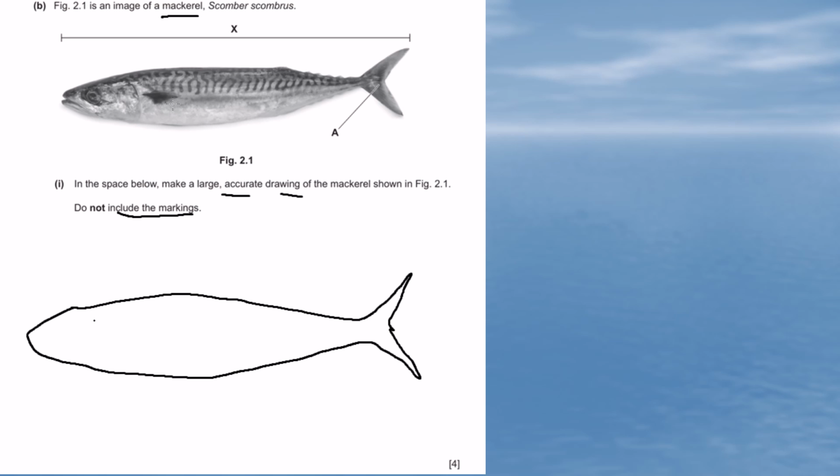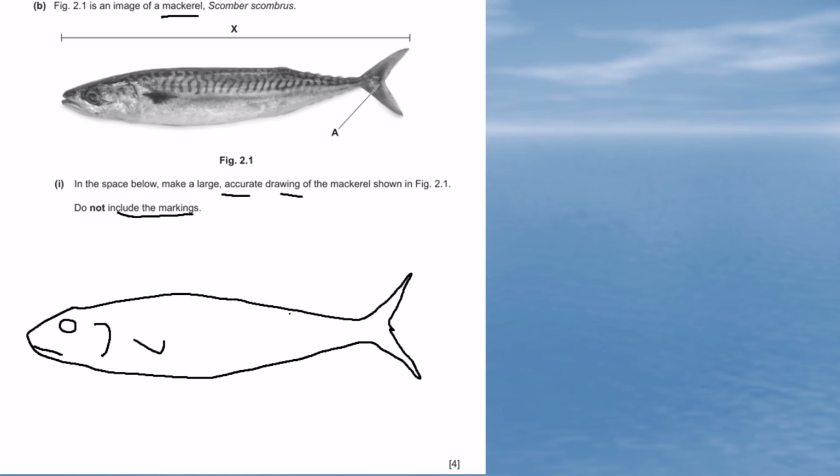So 1 point from having an unbroken line, and then I need to draw here. We have a mouth, we have an eye, we have a gill cover here, we have a little fin here, and that's about it.